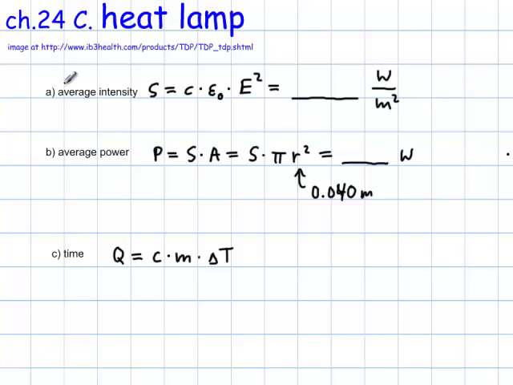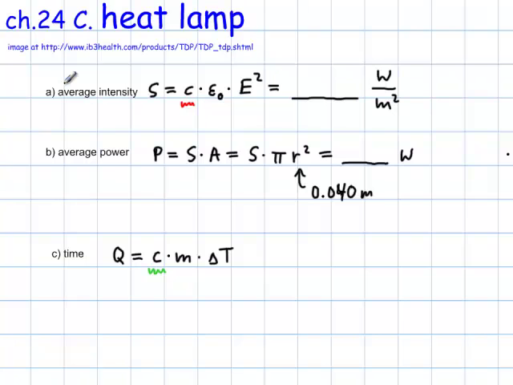Okay, one little important thing here. This C right here is the specific heat capacity, and that C over here is the speed of light, not to be confused. Why is that happening?